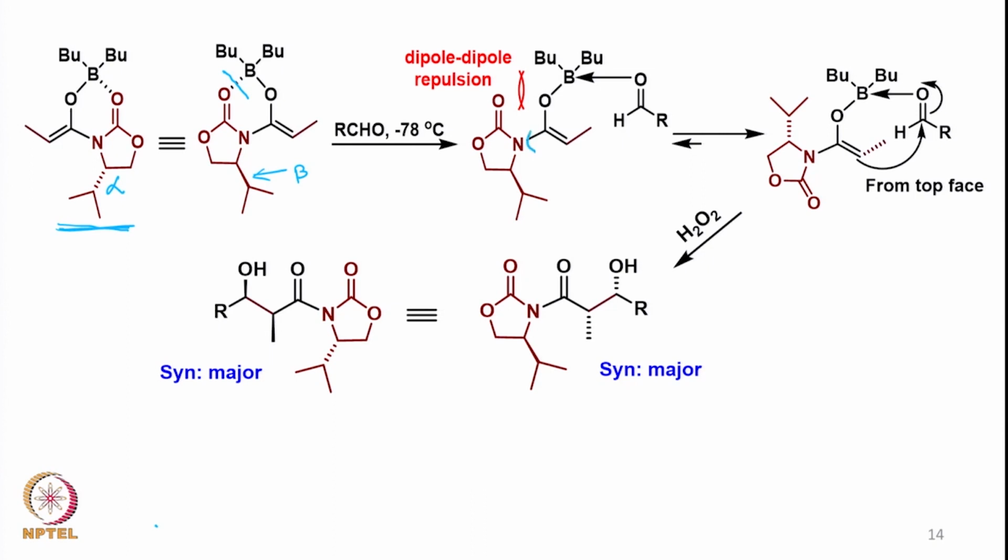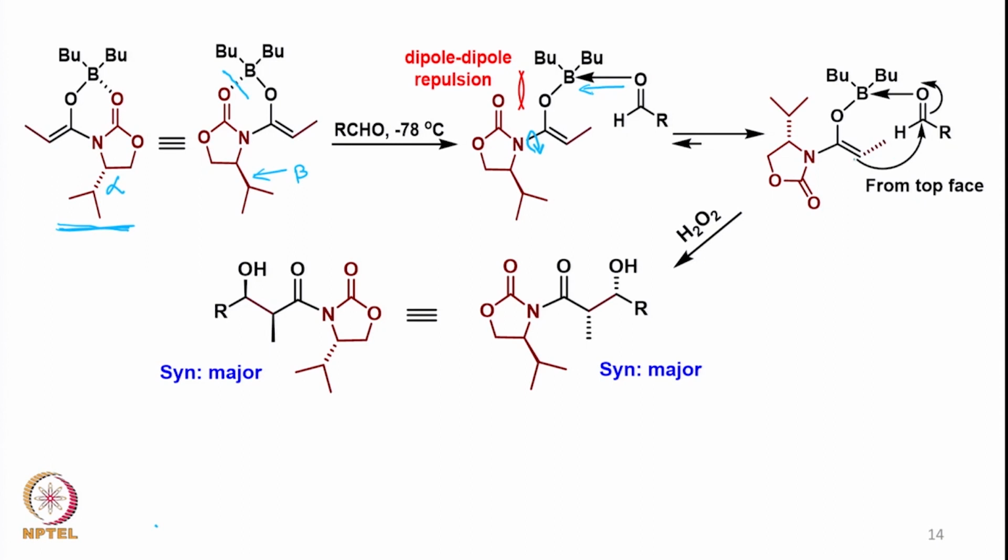There is a rotation around here so that the carbonyl group comes down. So now the dipole of this enolate is here, whereas this dipole is here, therefore there is no interaction between the two of them. In this situation, now the ketone has a chelation with the boron here.